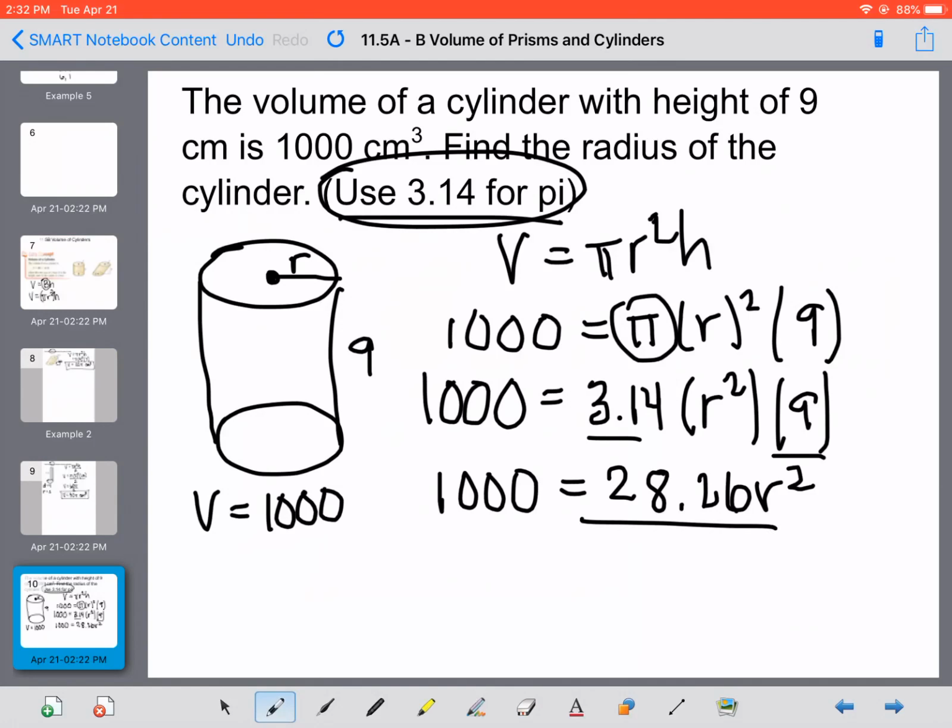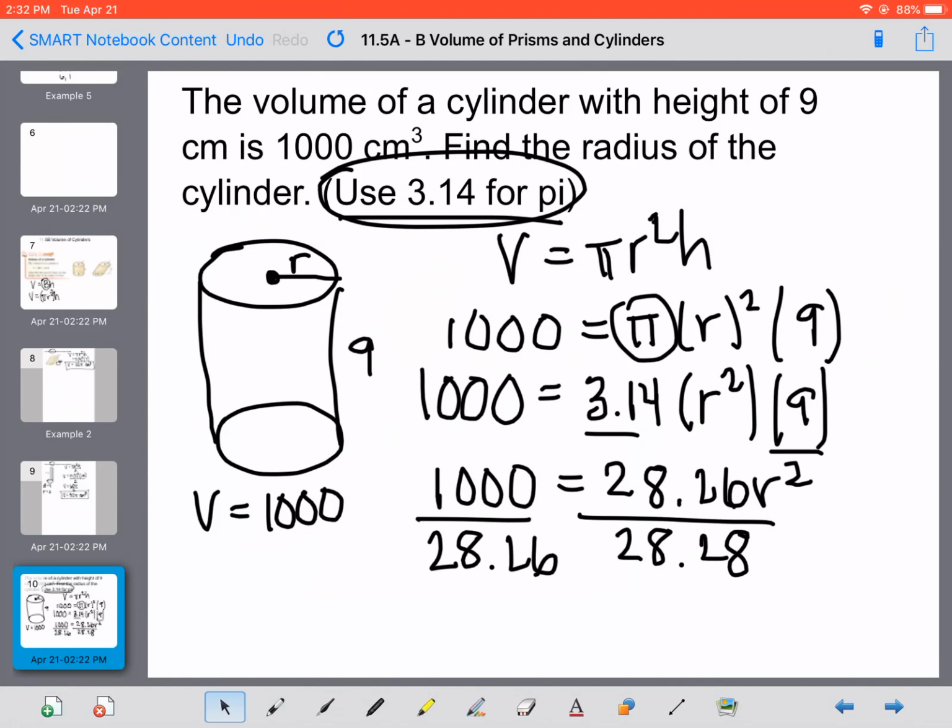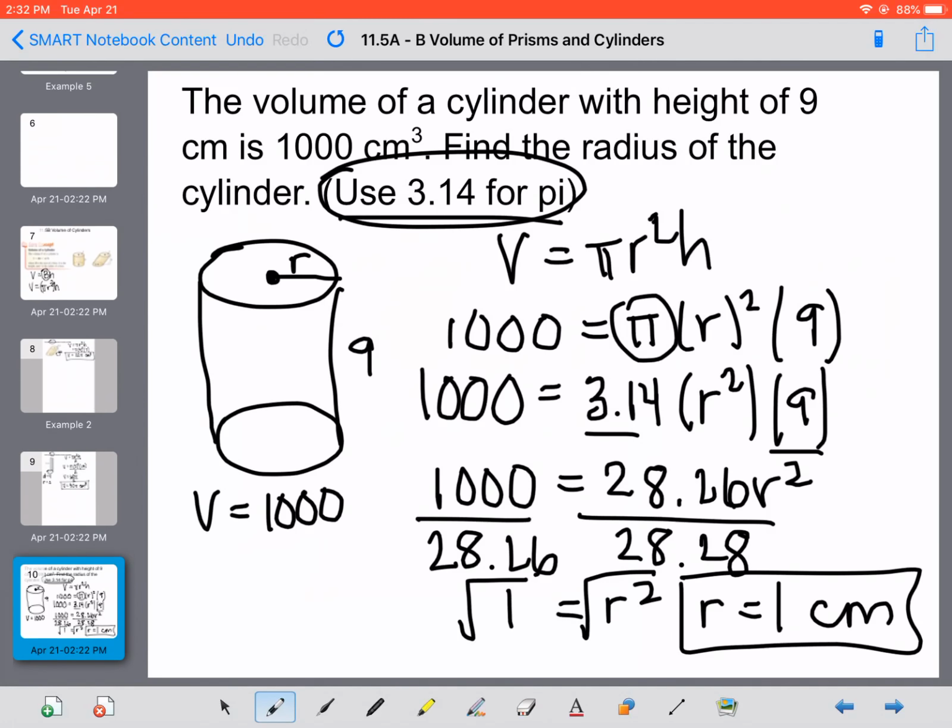We got to get r by itself, so we're going to divide by 28.26 on both sides. And when I divide that, I get 1. And then to undo that square, we would take the square root of both sides. And the square root of 1 is still 1. So r is 1 centimeter, which means our radius is 1 centimeter.